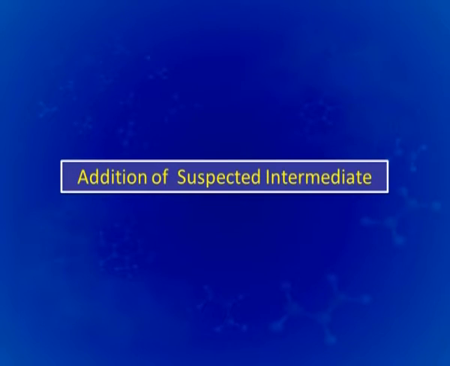So, this is the way we can trap the intermediate and identify it by various means, and spectra is also one of the techniques which can be used here. Then the other method of identifying intermediates is addition of suspected intermediate. What does this mean?